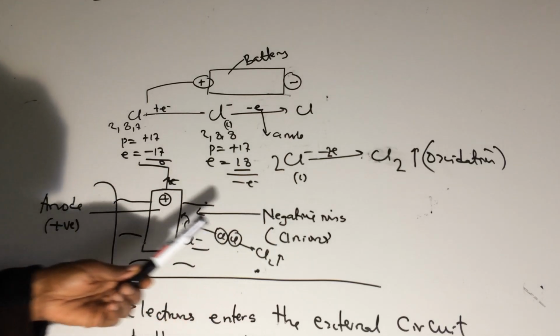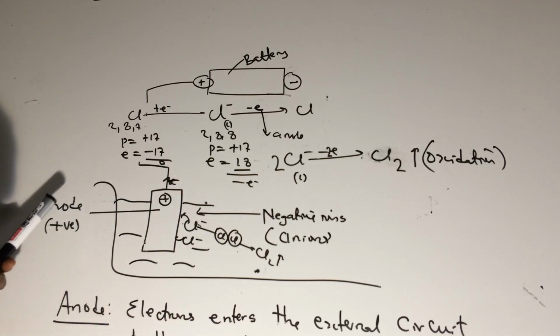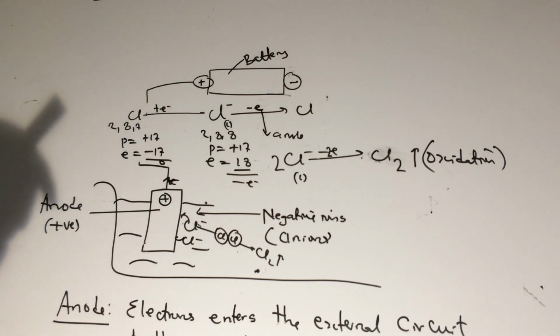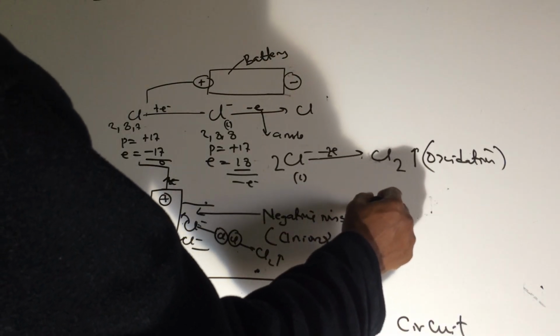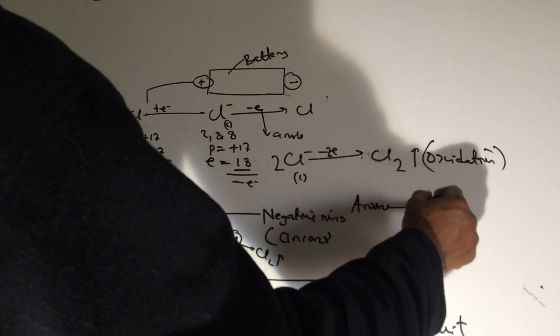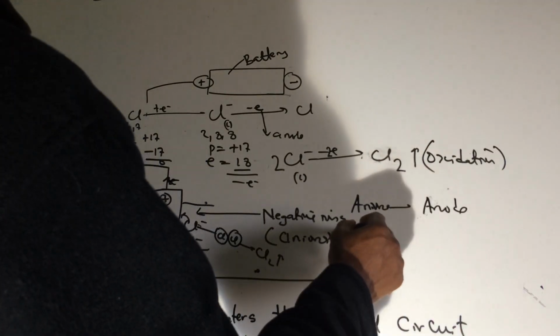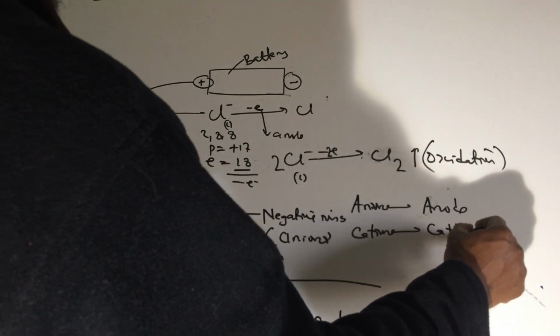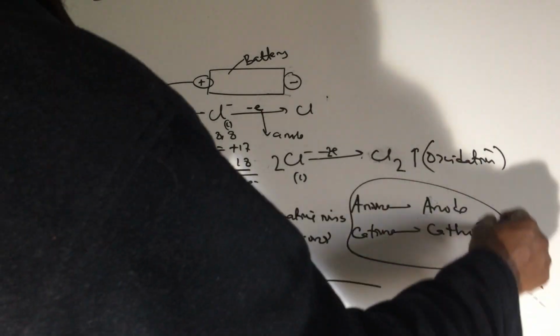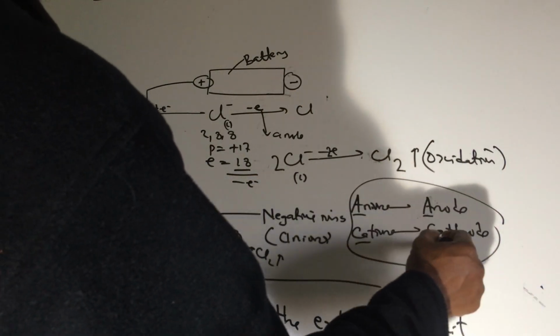Anions, A, go to the anode, while cations go to the cathode. C for C, A for A. Don't forget that. Anions go to the anode, while cations go to the cathode. A for A, C for C.